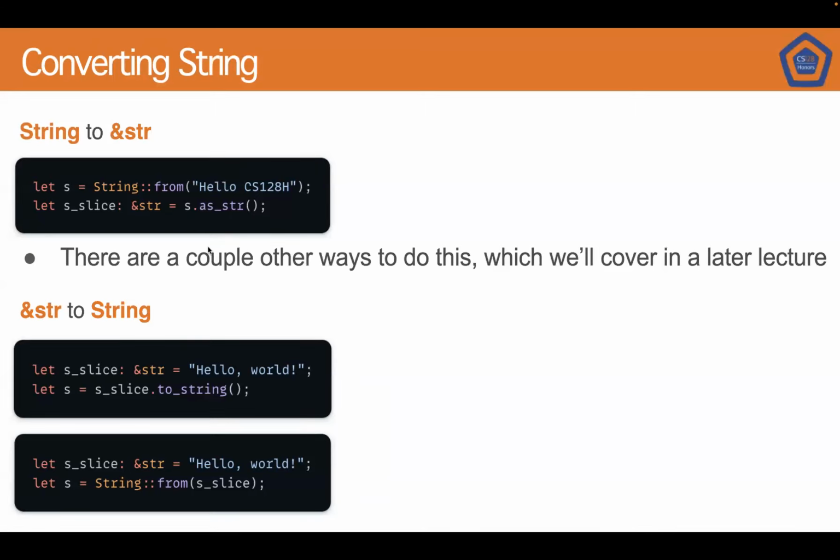There are a couple of other ways to do this, such as borrowing the string or using the deref method. However, I believe those techniques will make much more sense after we cover memory management, so we can talk about them in a later lecture. Now, to convert from a string slice to a capital S String, you can use either of the aforementioned to_string method or the from method to do this.